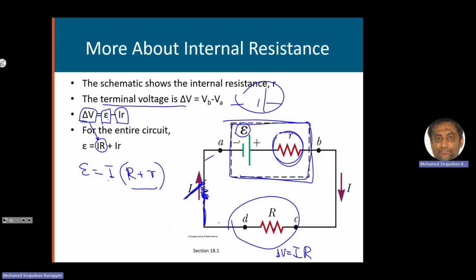When the current is not flowing, if I measure the potential difference across the battery, it will show E, because there is no current flowing, right? So this will be zero. Therefore, delta V, the terminal voltage, will be equal to the EMF when there is no current flowing. But if the current flows, the terminal voltage will be less than the EMF.